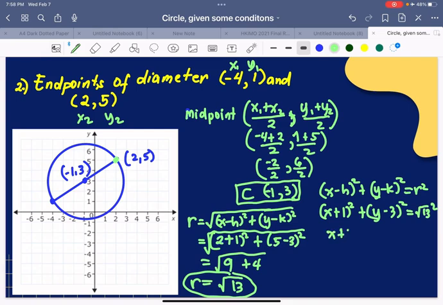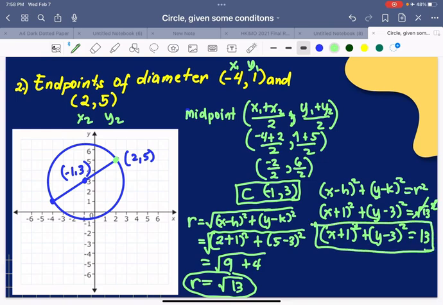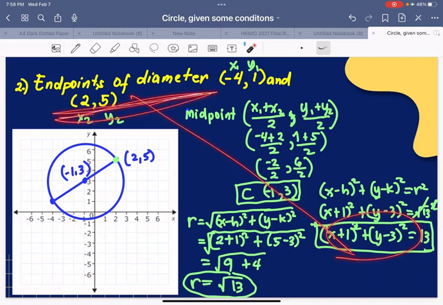So (x + 1)² + (y - 3)² = 13. So let's cancel the square root and square. So this is the final answer. So this is the equation of the circle that satisfies this condition.